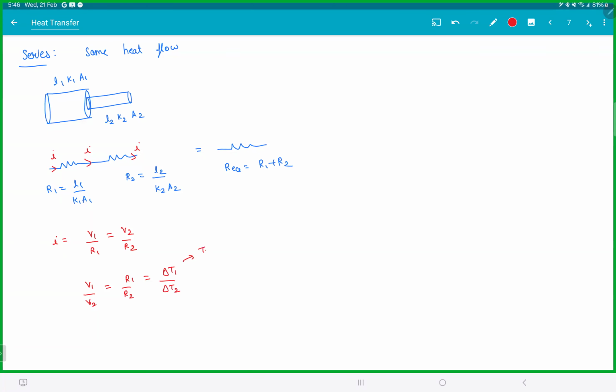So this is the temperature difference across the first rod by the temperature difference across the second rod. So again, remember, it is not the ratio of temperatures, it is the ratio of temperature differences. When you say V is equal to IR, what is V exactly? Voltage across the resistance, means the potential difference across the resistor. So here it is the temperature difference across the rod.